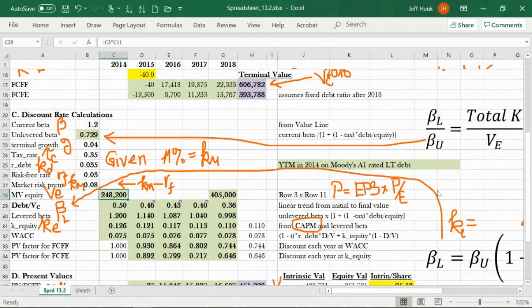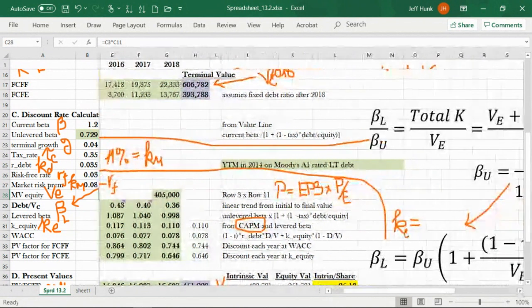This is per share level. You blow it up to the aggregate level. Then what does it become?